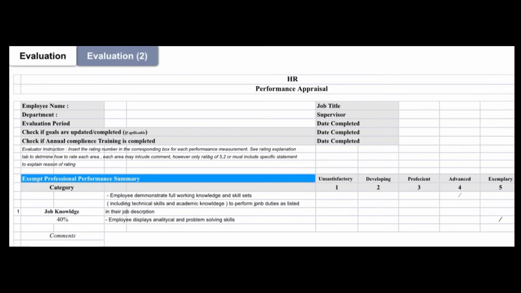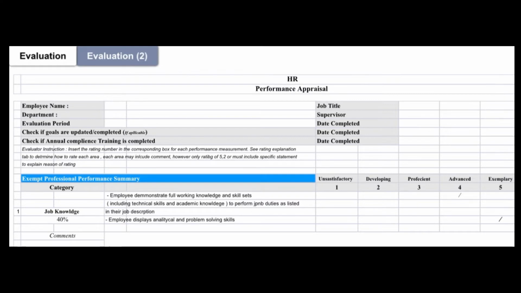Then the form is segregated section by section, starting with employee details and then a performance summary with the 5-score rating, 1 to 5, from unsatisfactory to exemplary. Exemplary means you are the best worker or a role model to the company or organization.